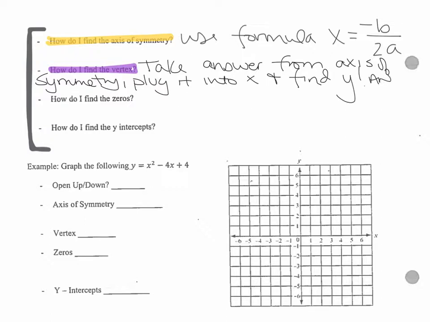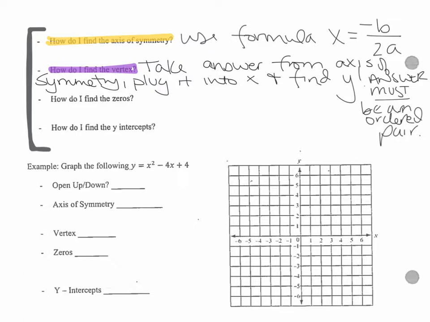My answer must be an ordered pair. So to find my vertex, and honestly this is probably the hardest one because you forget, you're going to take your x value from the axis of symmetry, and plug it into x to find y. And then I'm just going to write my answer as an ordered pair. My x value, whatever I plugged in, comma, whatever I got for my y value.